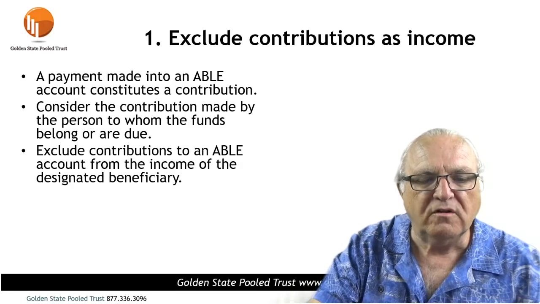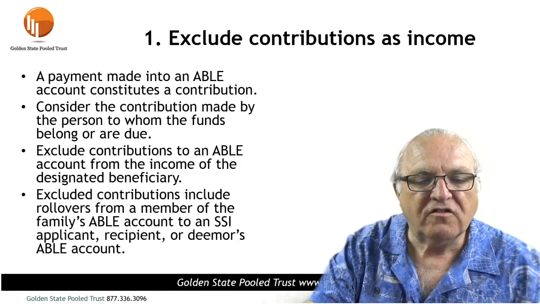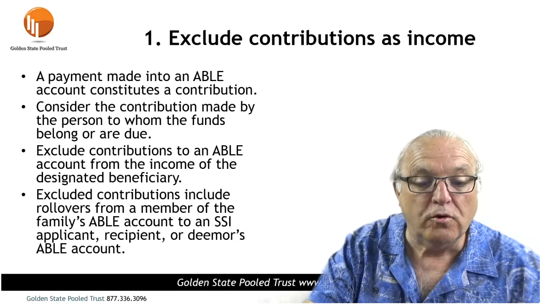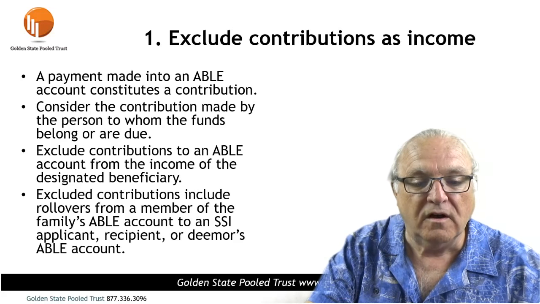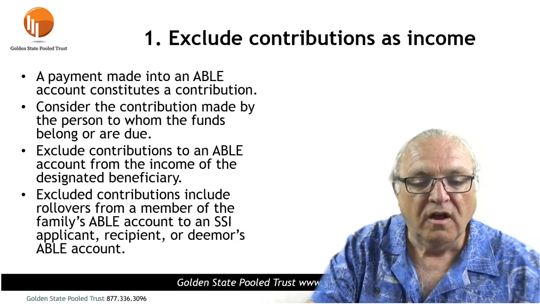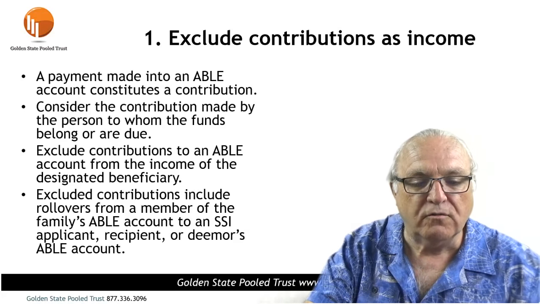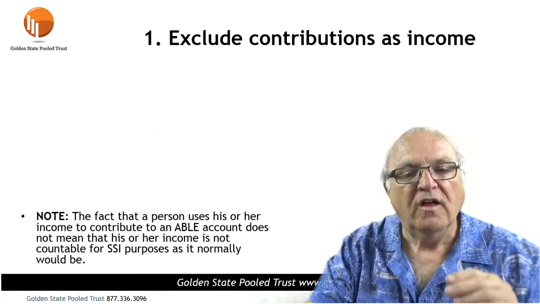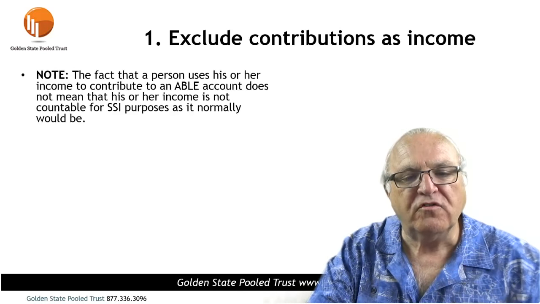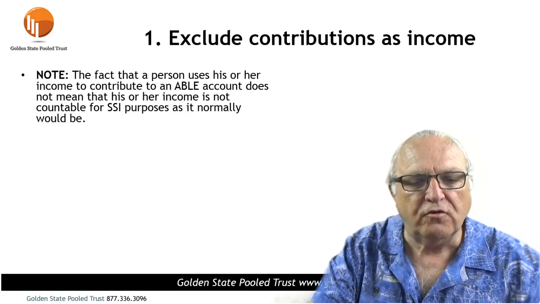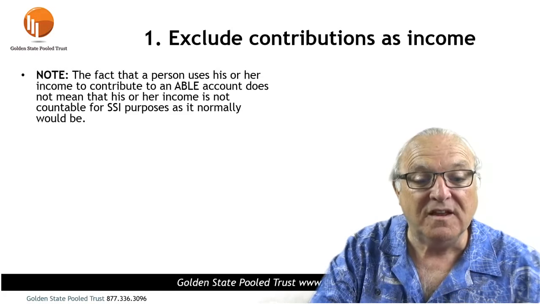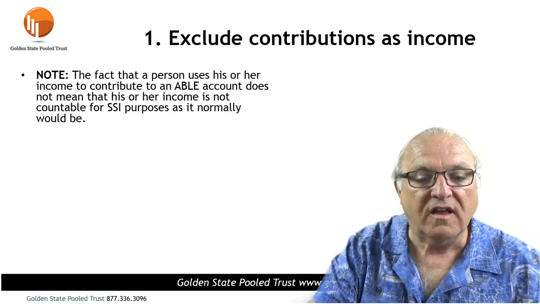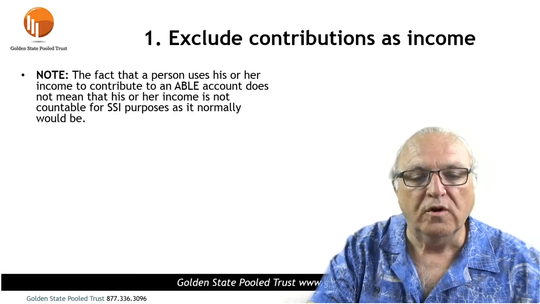And we're going to get into more detail on that in a moment. Excluded contributions include rollovers from a family member's ABLE account to an SSI applicant, recipient, or deemer's ABLE account. So the fact that a person uses his or her income to contribute to an ABLE account does not mean that his or her income is not countable as it normally would be.